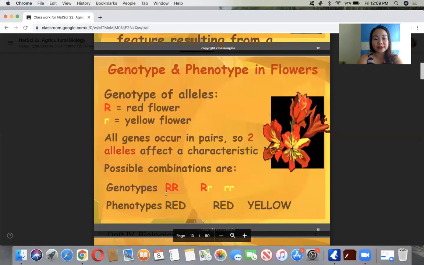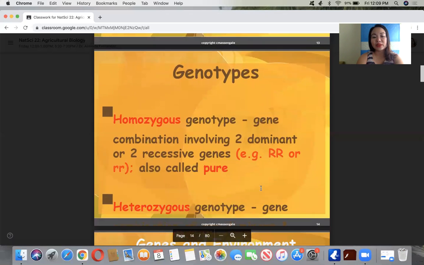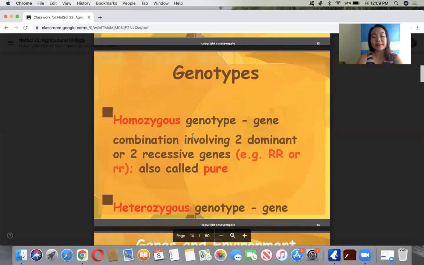The phenotype for the two capital R is red, and the capital R with a small r is still red because it's dominant, and the color for the double small letter r is yellow.